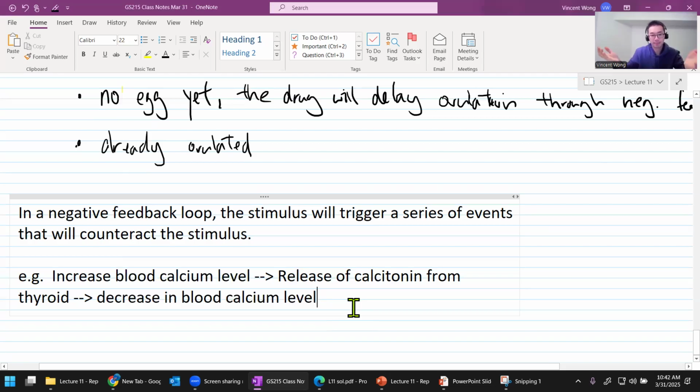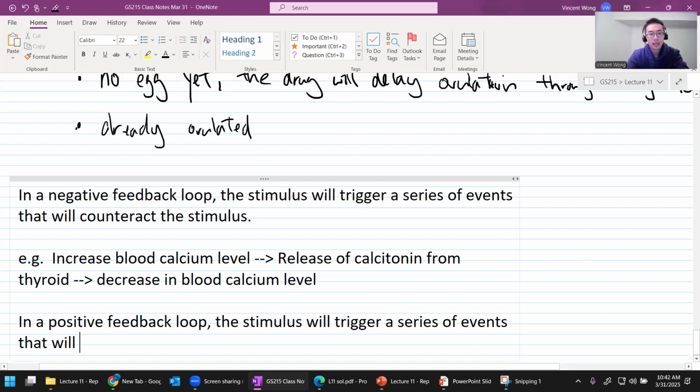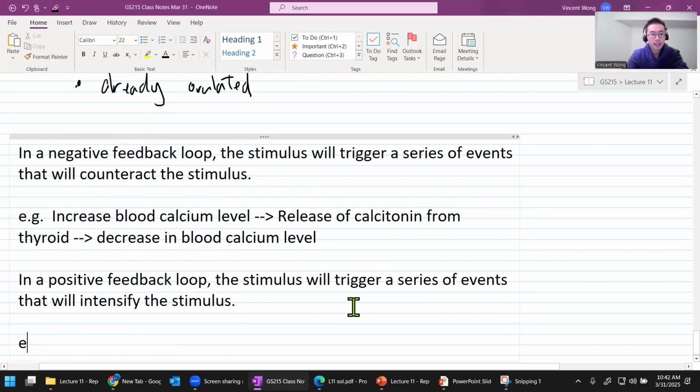Okay, so like you see the trigger is different from the end result. It's opposite. Okay, it's opposite. Whereas in a positive feedback loop, the stimulus will trigger a series of events that will intensify the stimulus. Okay, so I'll give you another example, like labor.